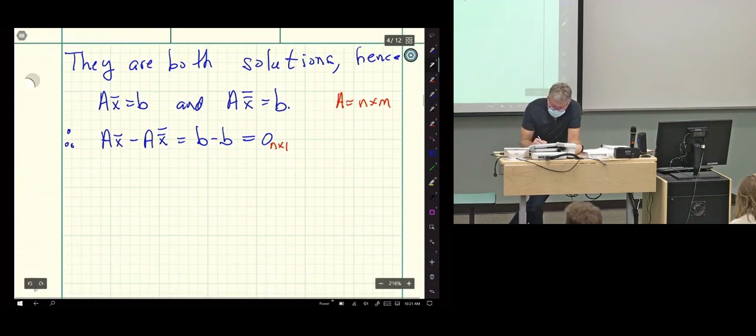Okay, so that means A times (x bar minus x double bar) is equal to 0.